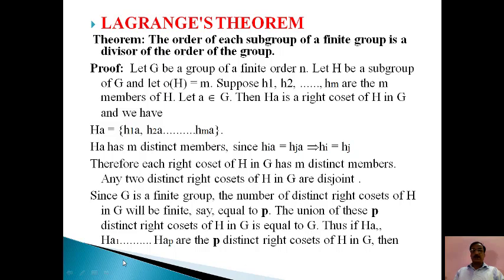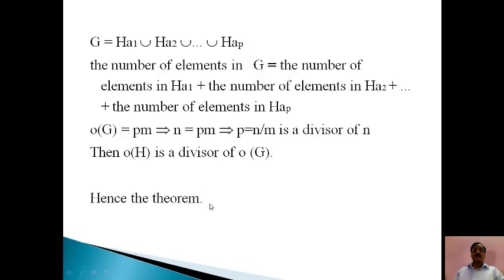Therefore, Ha1, Ha2, and so on, Hap are p distinct right cosets of H in G. Then G is written as the union of these members: Ha1 union Ha2 union and so on Hap.